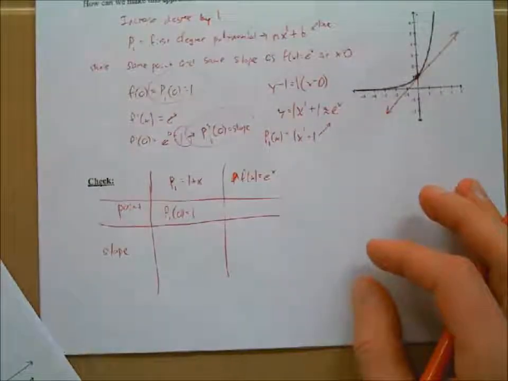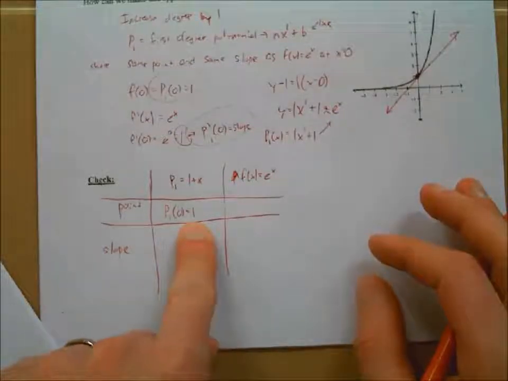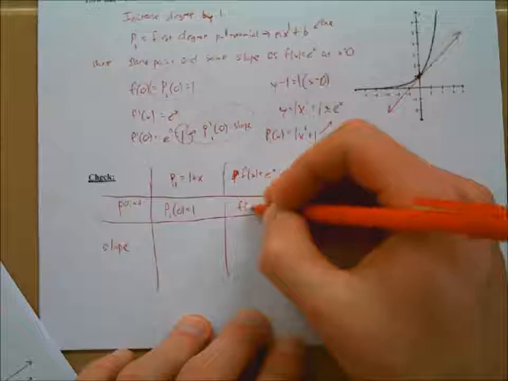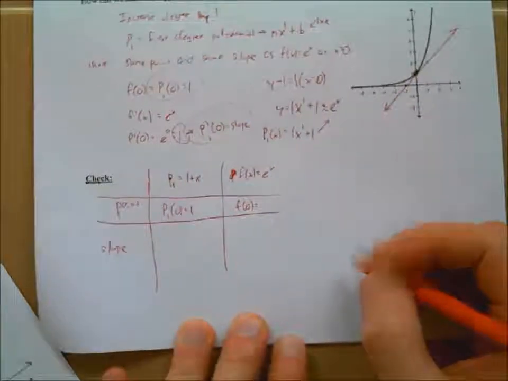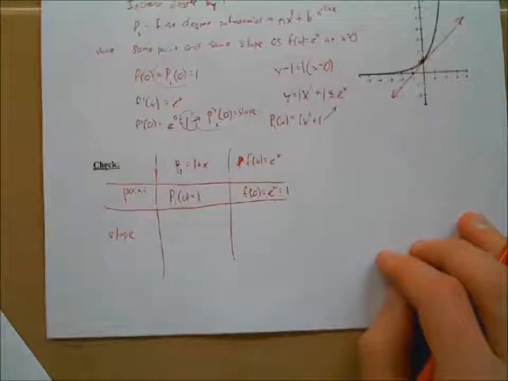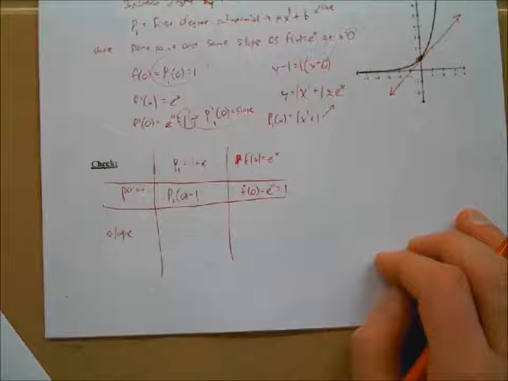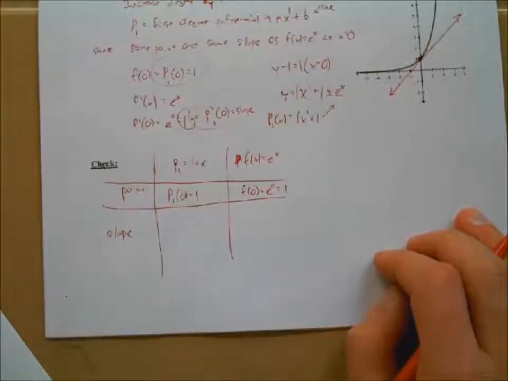P sub 1 at 0 is 1, and f at 0 is e to the 0, which is exactly 1. So this is our check to see that these two curves match up, at least at that point.